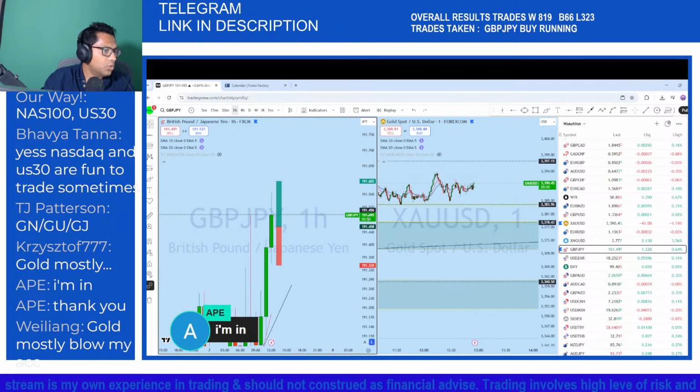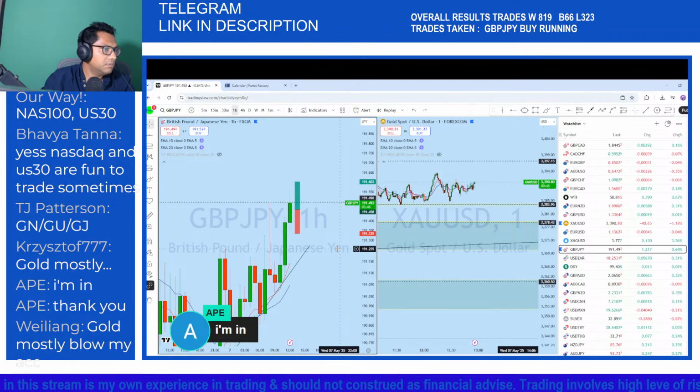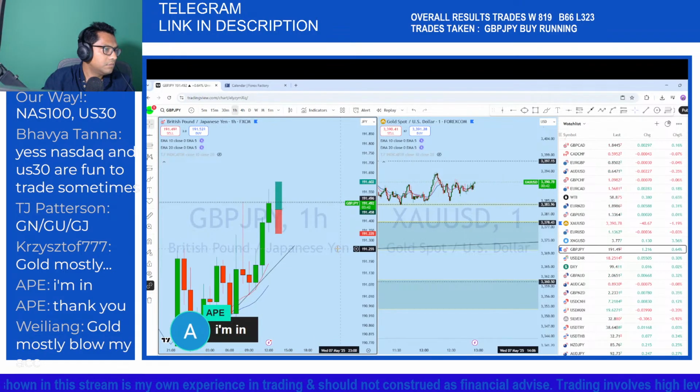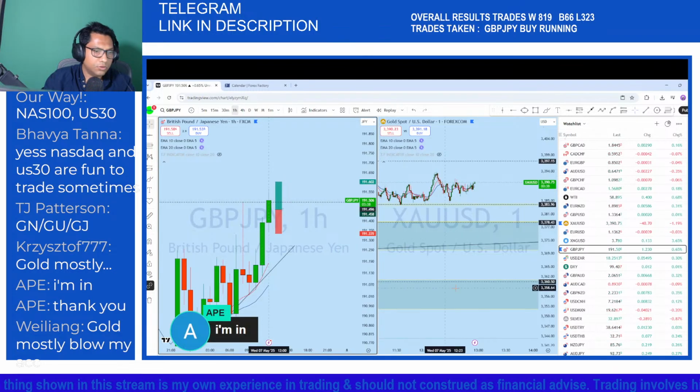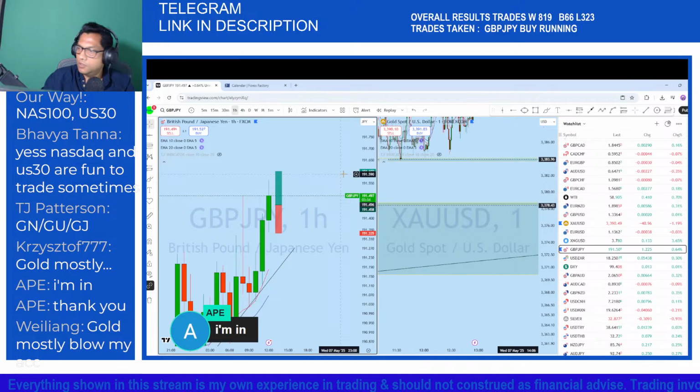So you see there is a 1 hour candle closing, and let's just drop back again for a pullback potentially.